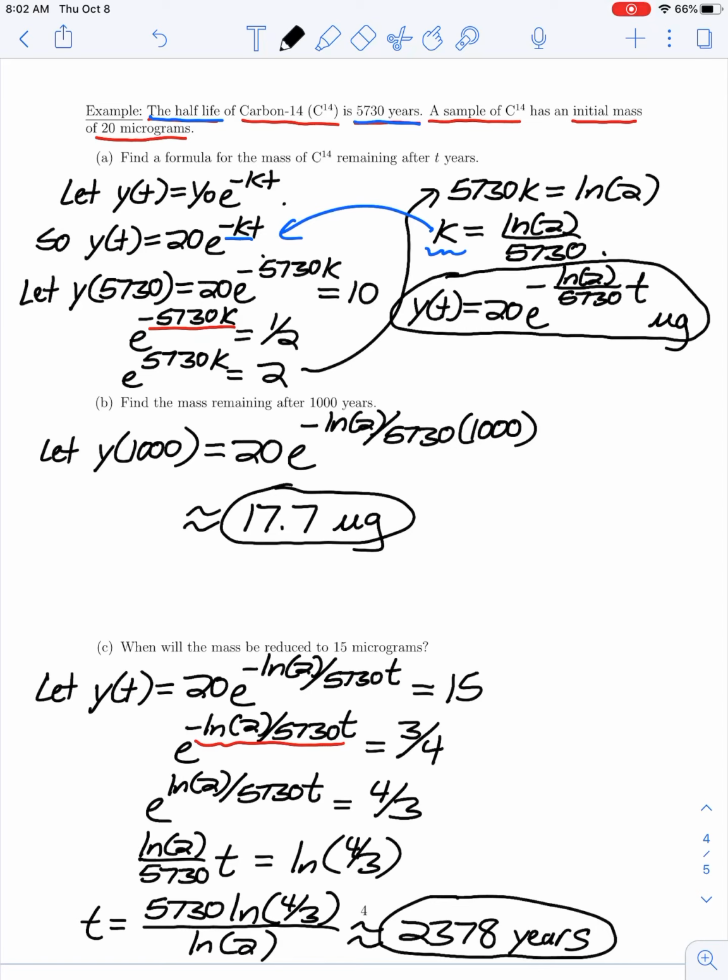And we found that the mass remaining after 1,000 years was 17.7 micrograms in part B. So the time it would take to reduce to fewer than 17.7 micrograms in part C, we're considering 15 micrograms, should be longer than that 1,000 years, which indeed it is. So our answer seems to be reasonable here.